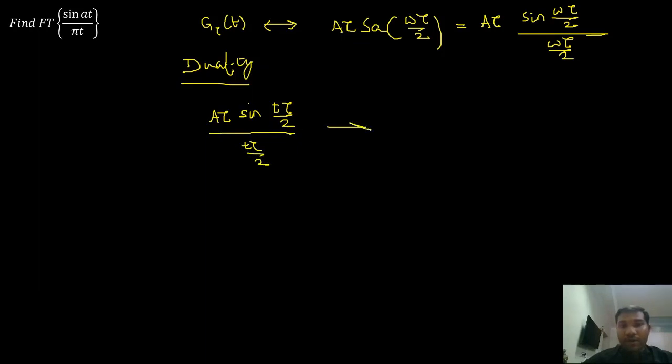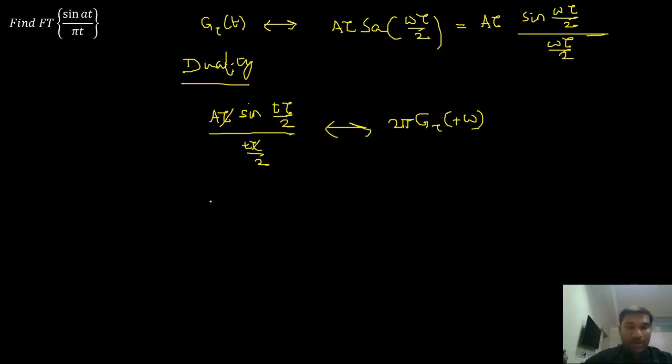We'll have the Fourier transform. It's going to be 2 pi into g tau of minus omega. So this is an even function, so I can write it as g tau of omega, and here tau and tau get cancelled.